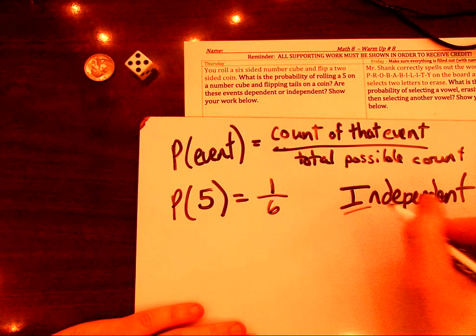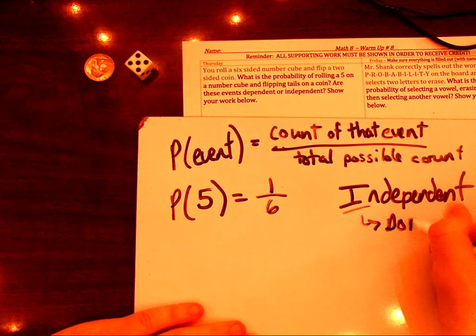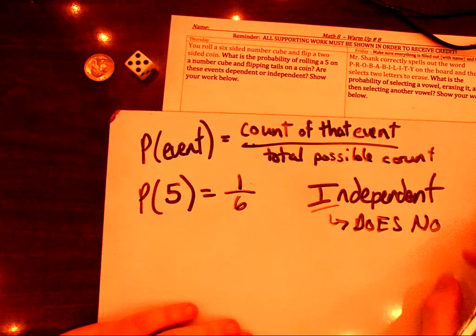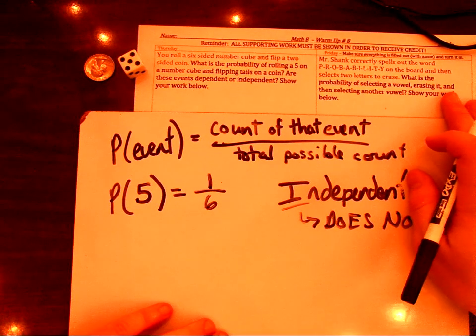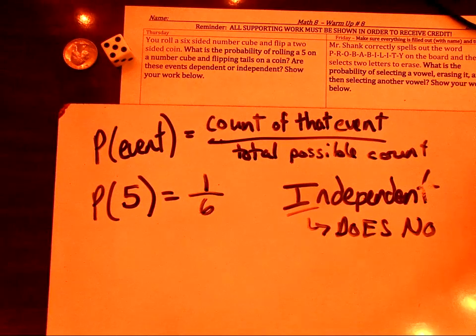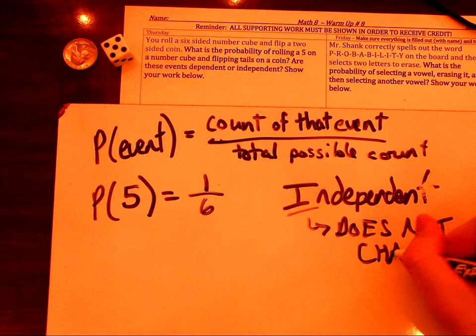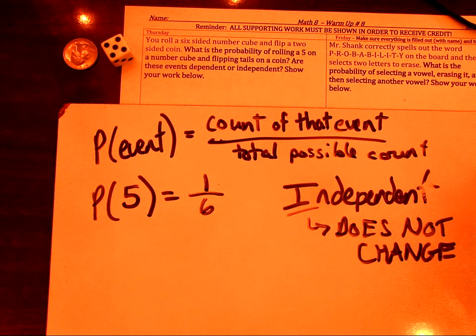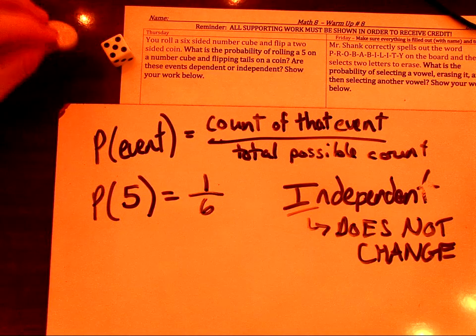Again, that means does not change. Let me actually make sure you're able to see it for yourselves. Zoom in a little. It's about right there. Does not change. So again, these don't affect one another.